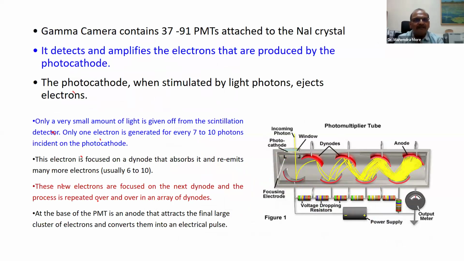A gamma camera may contain around 37 to 91 photomultiplier tubes attached above the crystal. It detects and amplifies the electrons produced by the photocathode. The photocathode, when stimulated by light photons, ejects an electron. Only a very small amount of light is given off from the scintillator detector. Only one electron is generated for every 7 to 10 photons incident on the photocathode.